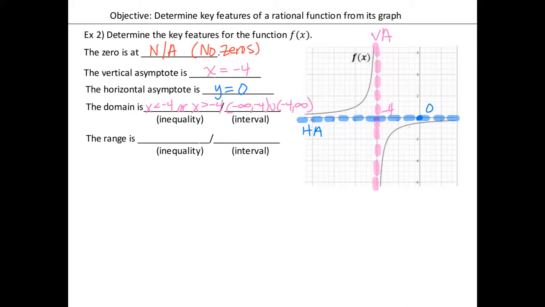And the range is being cut by the horizontal asymptote of 0. So it's everything except for 0. So I'm going to put y less than 0 or y greater than 0 and -infinity to 0 union 0 to infinity. Okay.